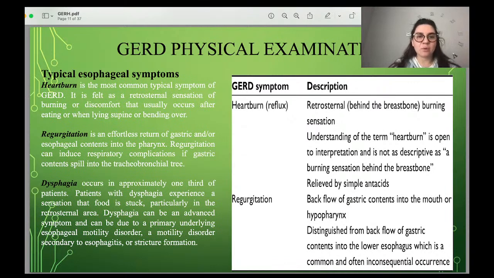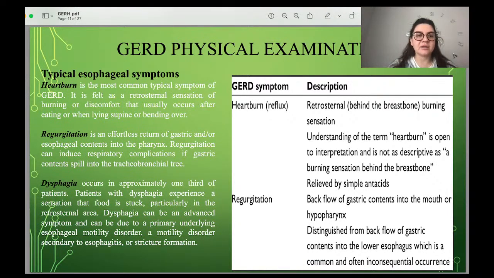Regurgitation is an effortless return of gastric or esophageal contents into the pharynx. Patients usually feel this returning. Regurgitation can induce a respiratory complication if gastric contents spill into the tracheobronchial tree. Next symptom, it is dysphagia. Approximately 1/3 of patients with dysphagia experience a sensation that food is stuck, particularly in the retrosternal area.